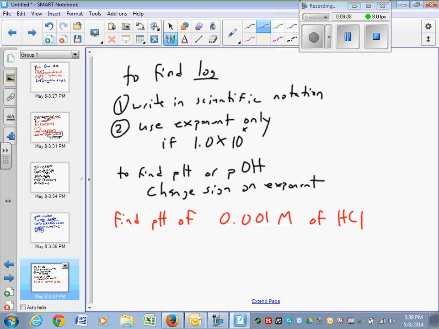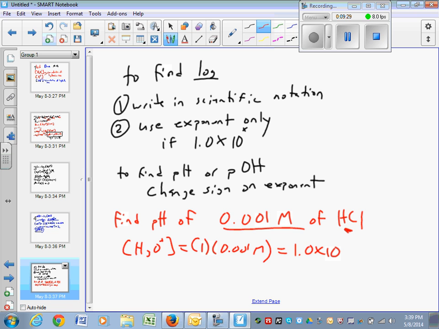Okay, so how are we going to do this? We start by finding the concentration of hydronium, which is 1 hydrogen times the concentration. So I get 0.001 molar.